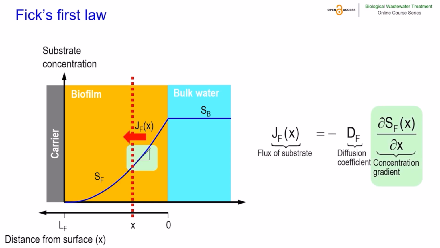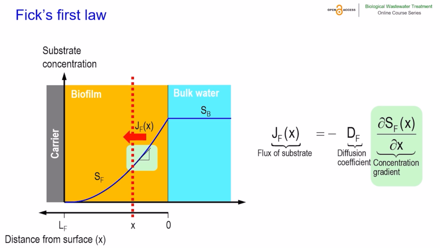The term on the right-hand side of this equation is the substrate concentration gradient at location x. The concentration gradient, or we can also refer to it as the slope at location x, is also shown in the schematic.